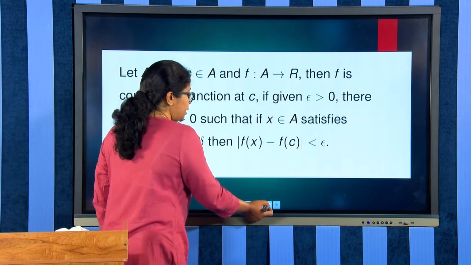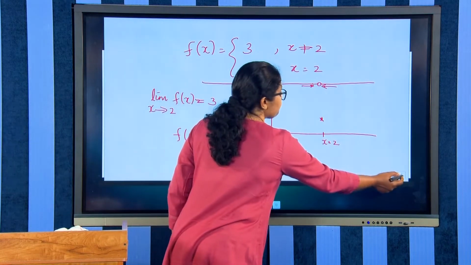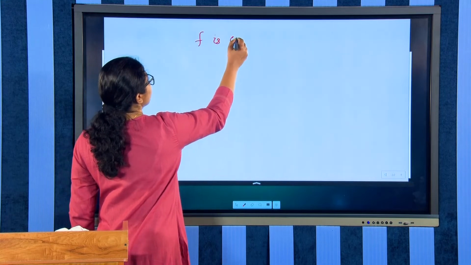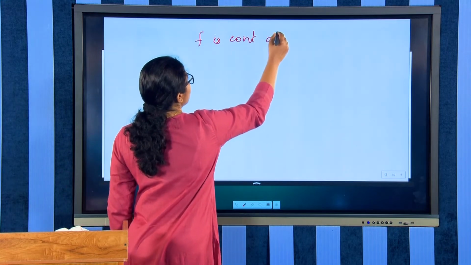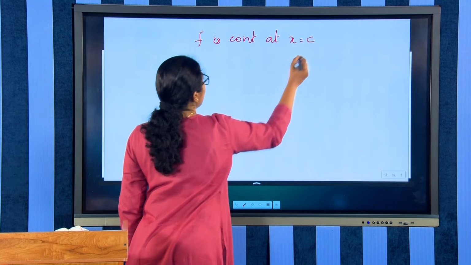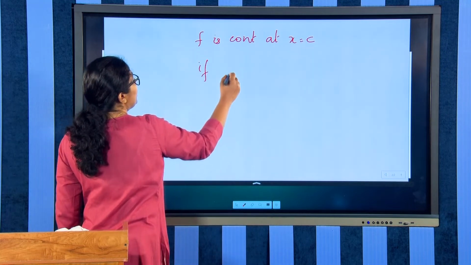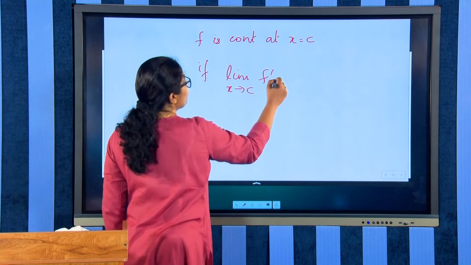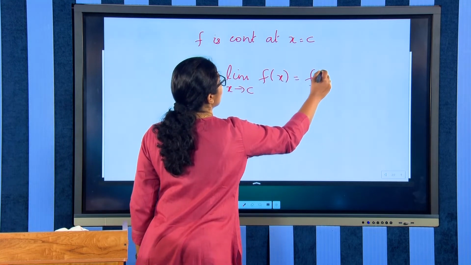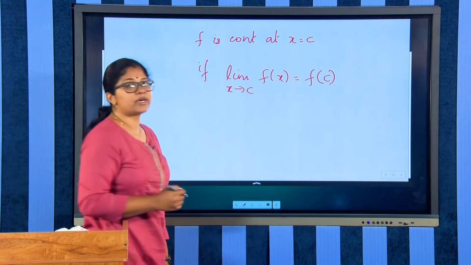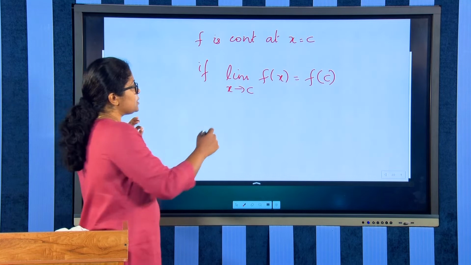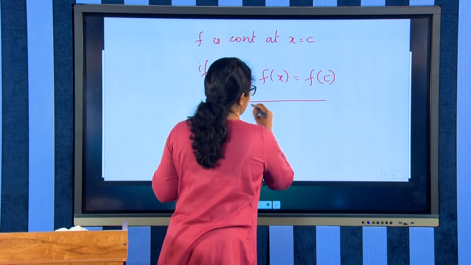This is denoted using the notation: f is continuous at a point x is equal to c if the limit as x approaches c of f of x is exactly equal to the value of the function at that point c. So, this is the concept of continuity.